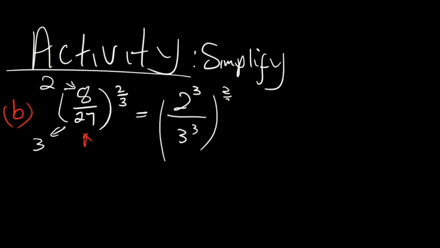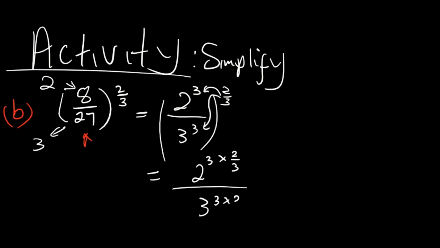Remember that this power here will multiply each and every power that is inside the brackets. Meaning that you're going to have 2 to the power of 3 multiplied by 2 over 3, divided by 3 to the power of 3 multiplied by 2 over 3.